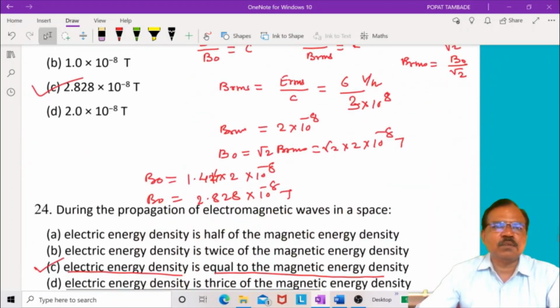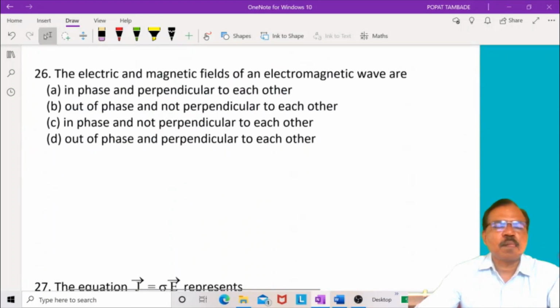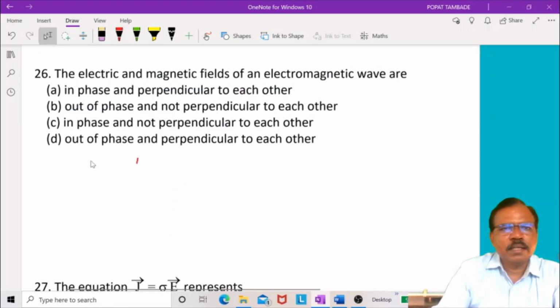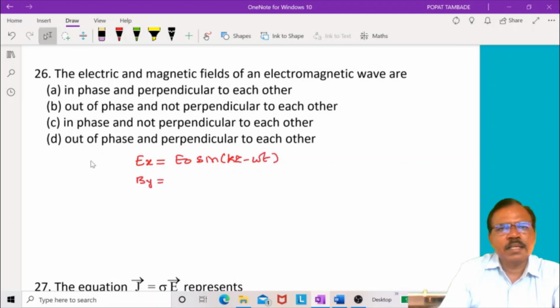So here we have taken Ex is equal to E0 sin kz minus omega t, and By is equal to B0 sin kz minus omega t.